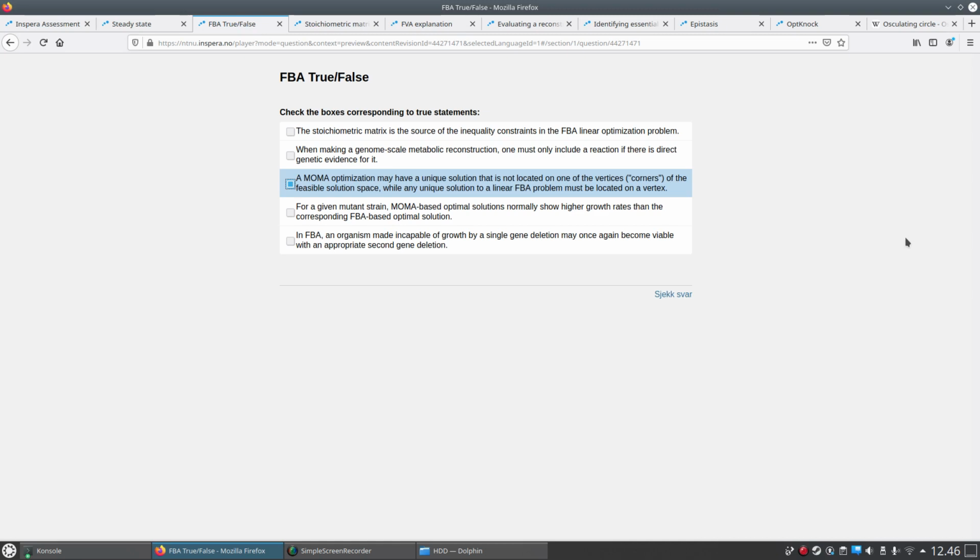And if the solution space after the first mutation does not contain any point which is compatible with growth, then the second solution space necessarily mustn't either. So this statement is also false.